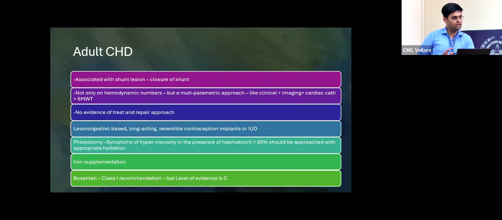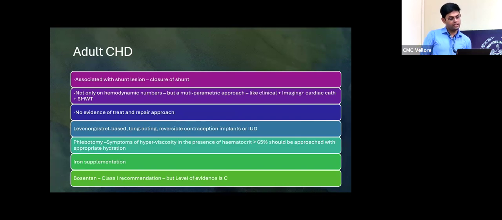And if there is a raised pulmonary vascular resistance, closure of the shunt is contraindicated. We initially used to treat borderline pulmonary hypertension with medications and then proceed on to closing those shunts with devices, sometimes with fenestrated devices. But those are things which don't have any evidence. It was not based on any studies.